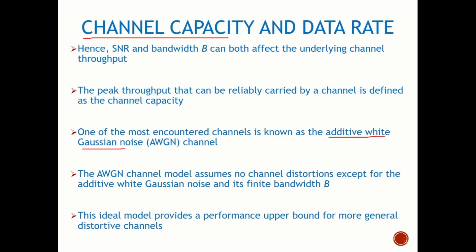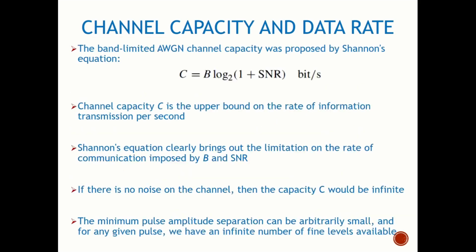It is distributed over a wide range of frequencies, just like white light, which has all the frequencies or wavelengths. It's called Gaussian because it has a shape like this, almost a Gaussian shape. This is the assumption while deriving this formula for channel capacity.